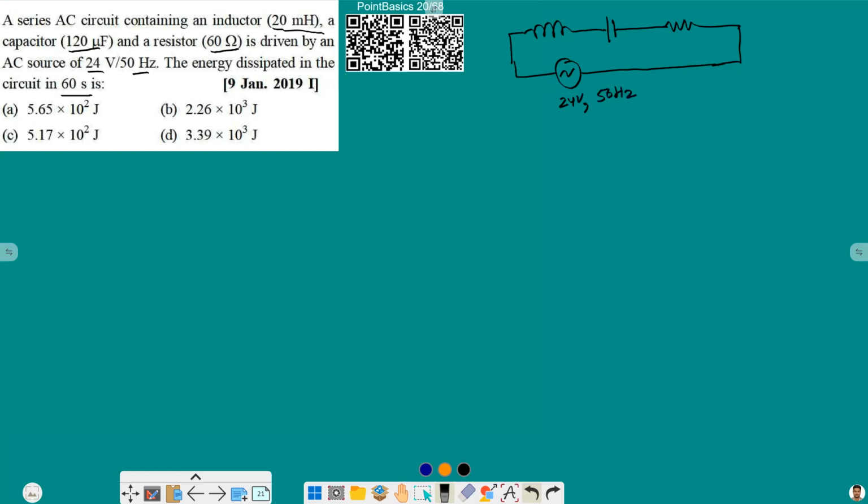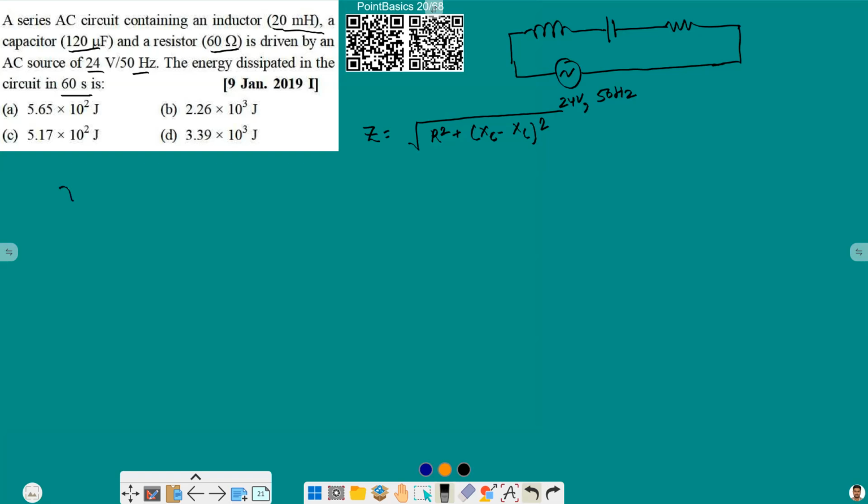So we have to calculate the total impedance of the circuit. Total impedance Z is given by the square root of R square plus (XC minus XL) square. So first we know the value of R, that is 60 ohm.